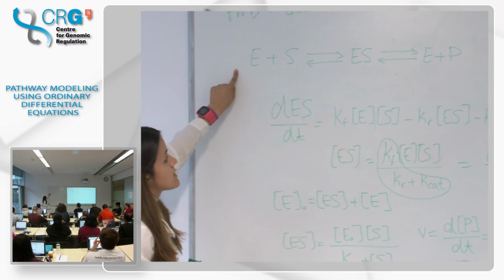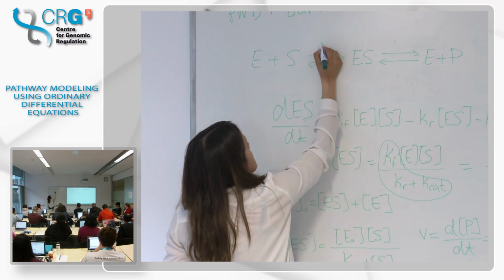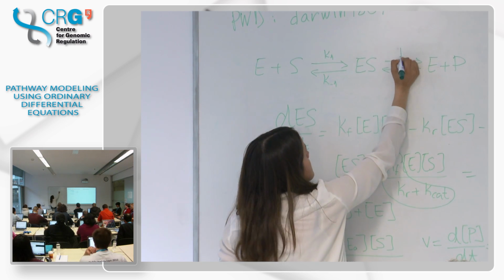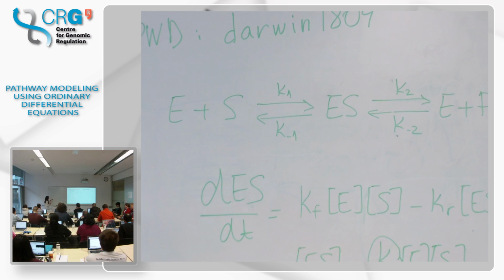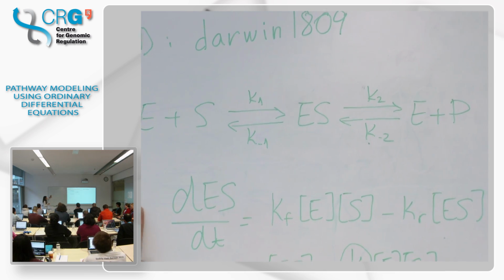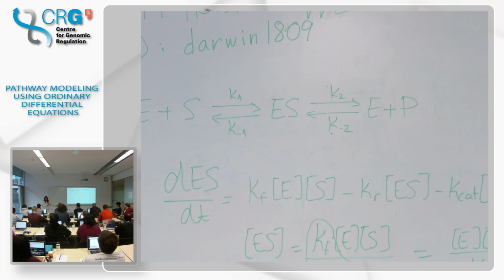So before we had the same equation, but this didn't exist. Now we also have this. So we're going to call this K1, K minus 1, K2, and K minus 2. So we have to modify these equations in order to have the same Michaelis-Menten equation for the reversible kinetics.